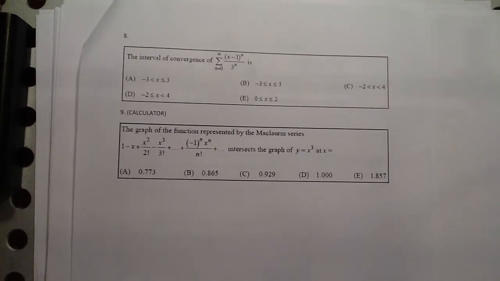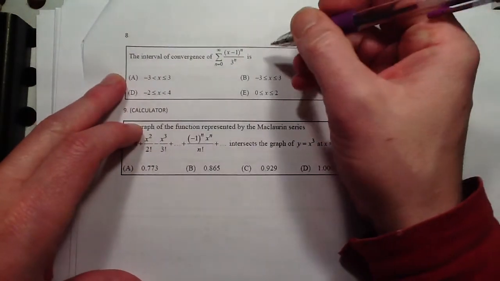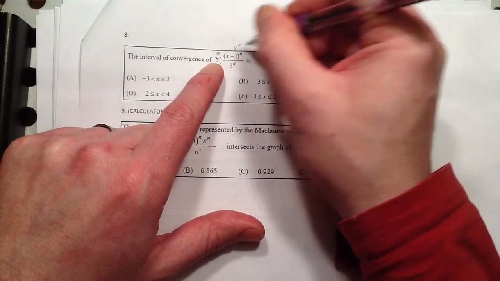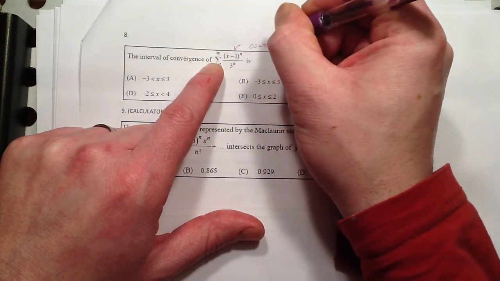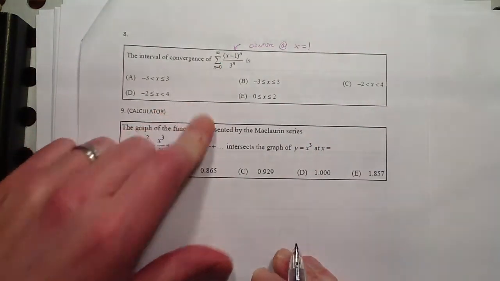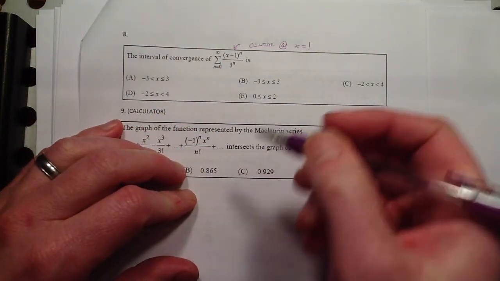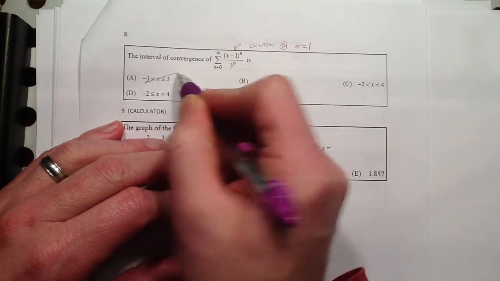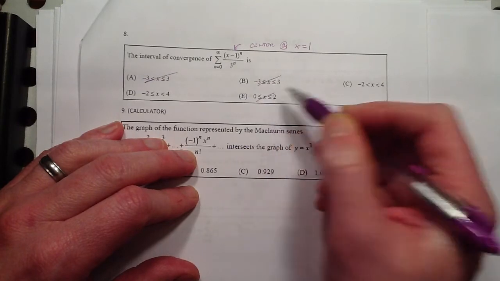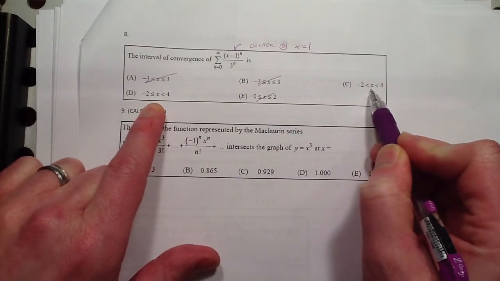Number 8. Interval of convergence for this. Well, here we go again. We know that the center must be at x equals 1. So we must have an interval that's centered at 1. That's centered at 0. That's centered at 0. That's centered at 0. But these two are centered at 1.